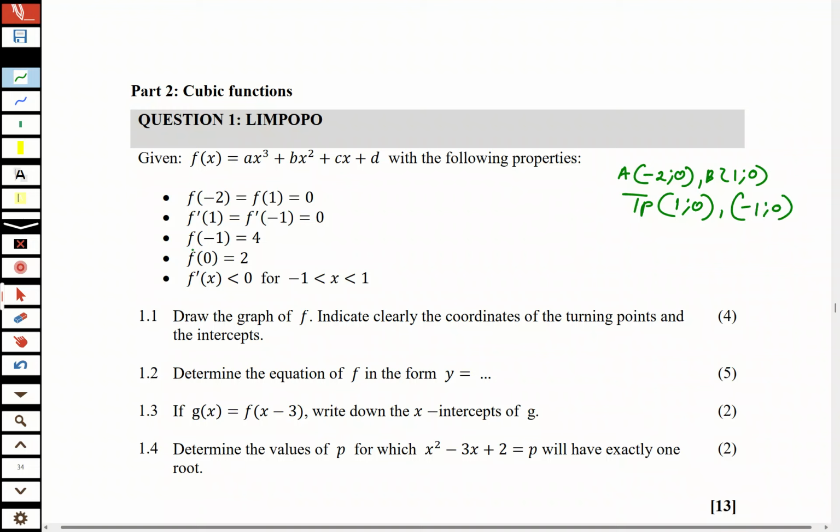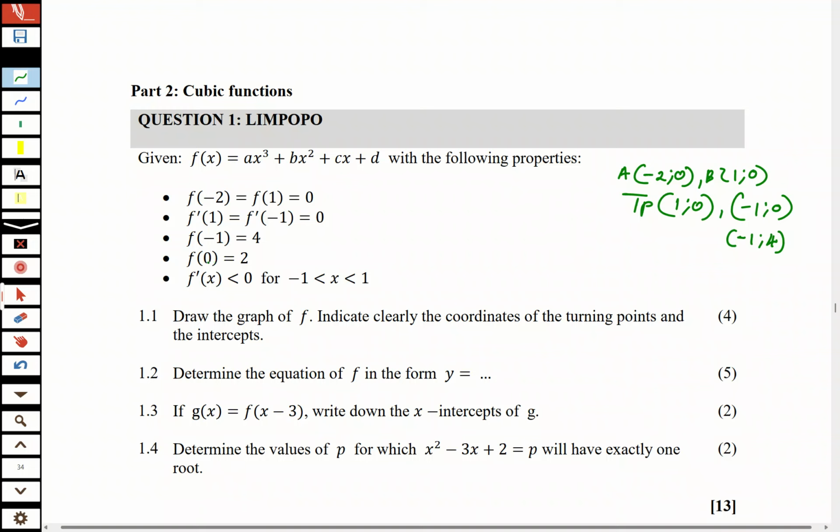They say now at x is equal to -1, y is 4. So you're just going to say when x is -1, y is 4 there. Now they say when x is equal to 0, y is 2. So where do we have x to be 0? This happens when we want to find the y-intercept.